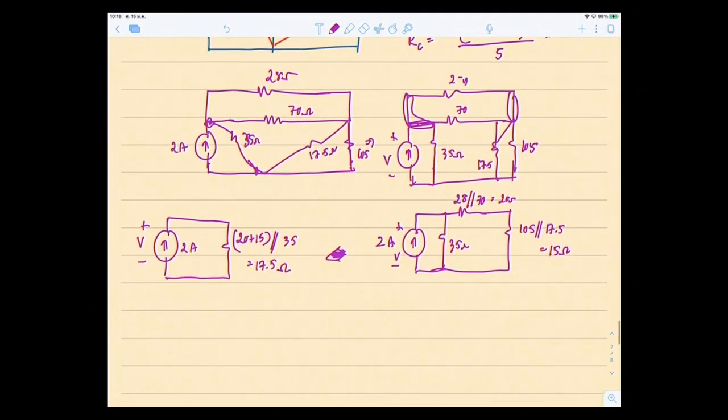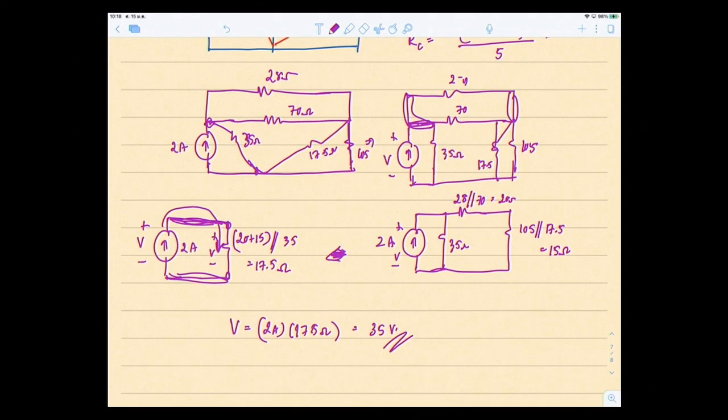So 2 amps pass through, and V is also the voltage across the 17.5 ohms. By Ohm's law, V equals 2 amps times 17.5 ohms, which equals 35 volts.